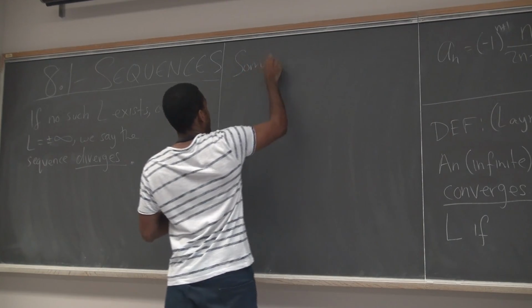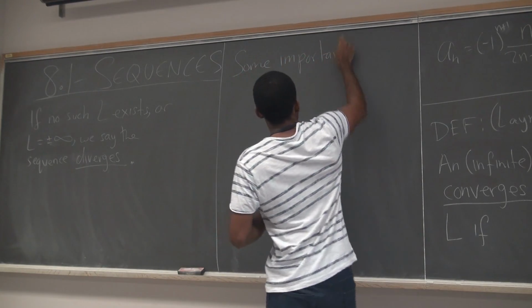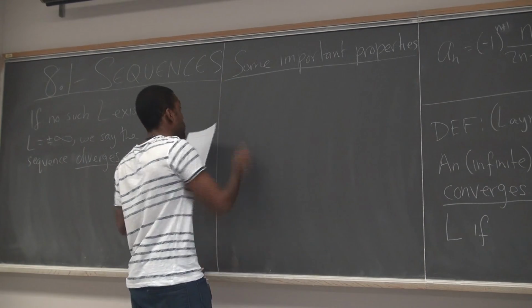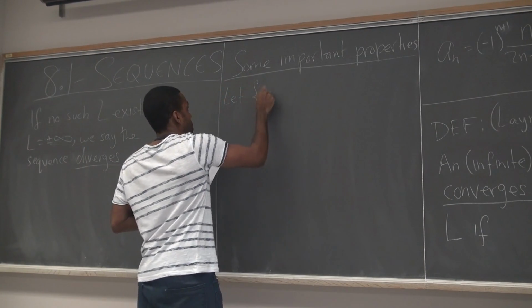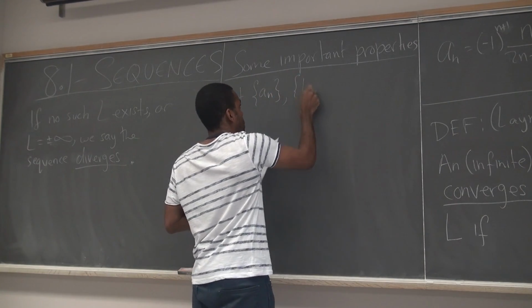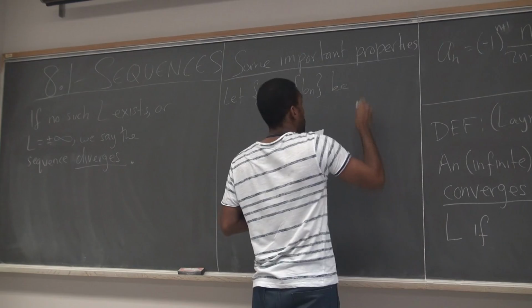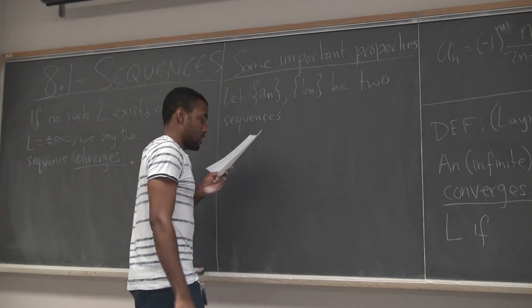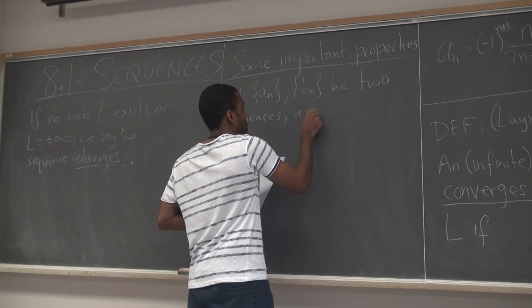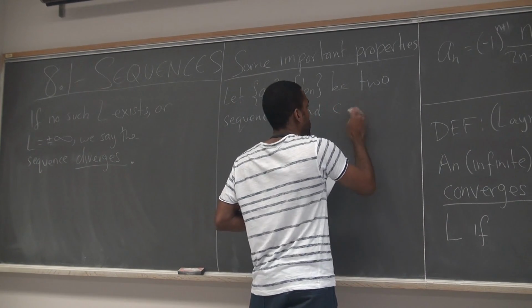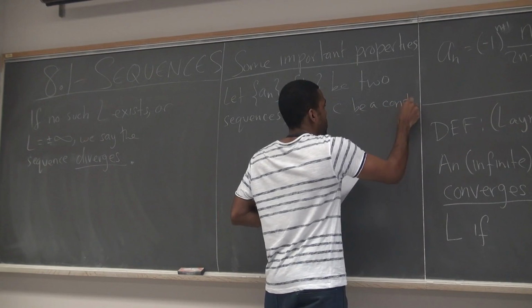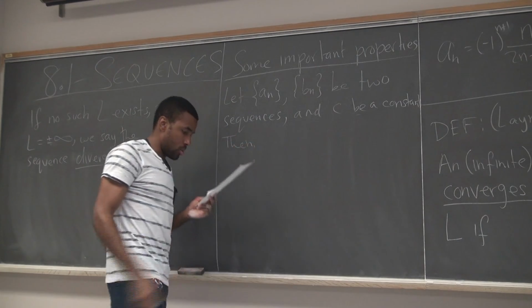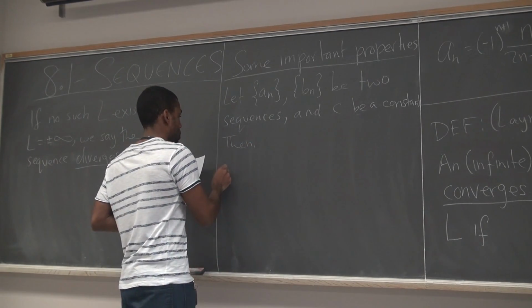Some important properties. Let a_n and b_n be two sequences, c is a constant, then the following hold. 1.